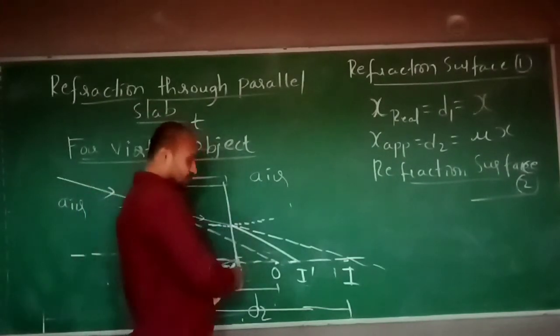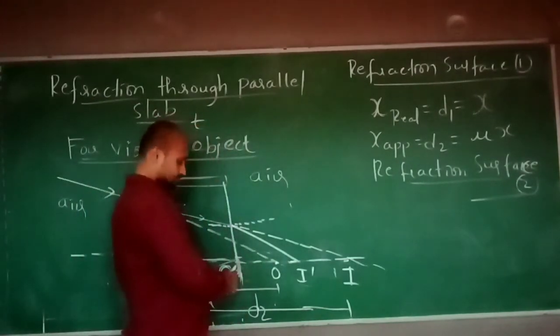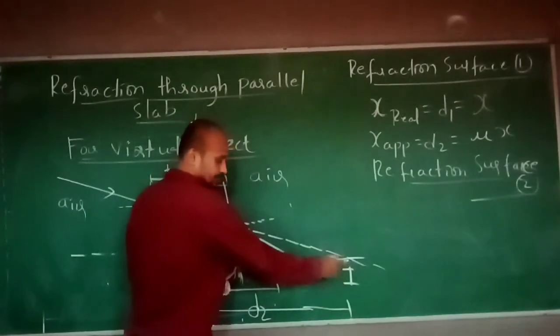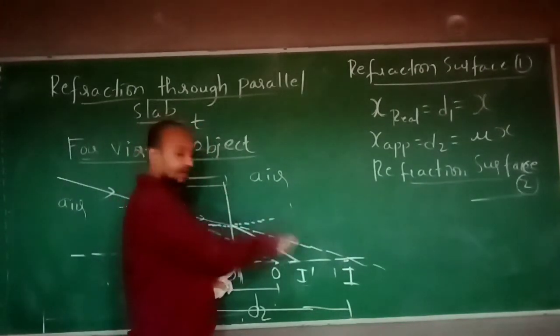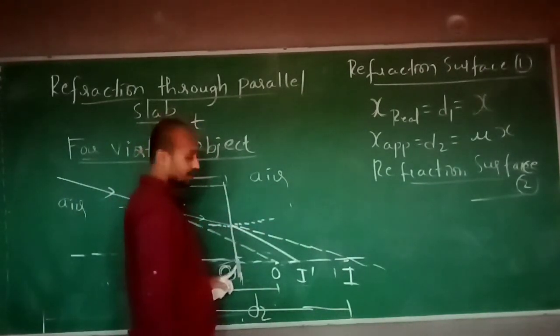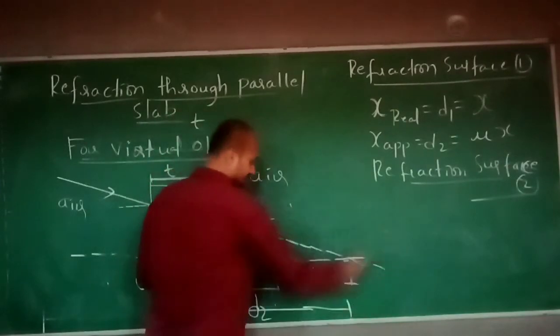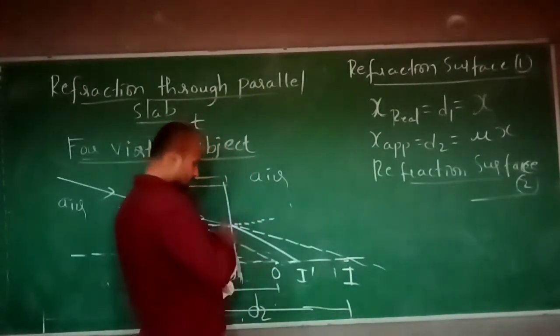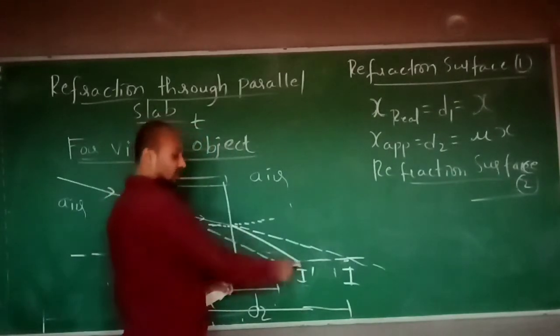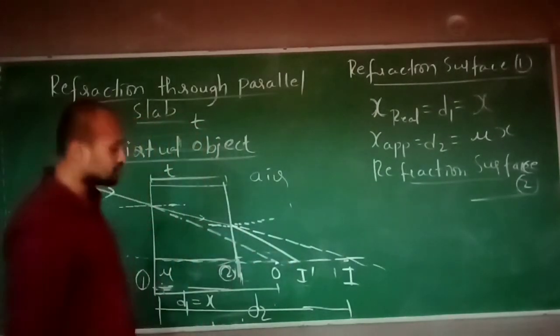So for the second surface, what is the real depth? This is the real depth for the observer. The observer is standing somewhere here. This is a virtual object, so virtual light is coming like this from the incident ray. For him, this was the position where the object was supposed to be seen, but due to refraction at the second surface, he is seeing it at I dash.